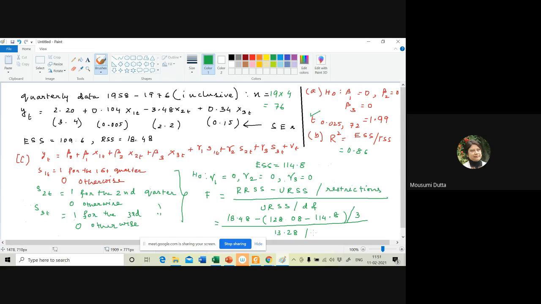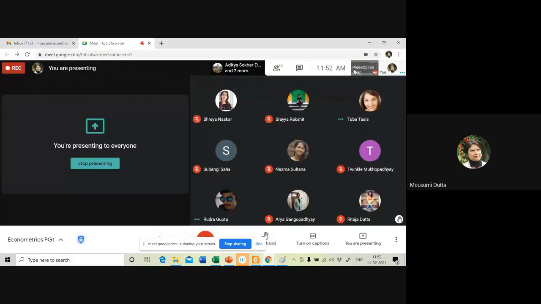And the degrees of freedom is n minus k. What is this degrees of freedom? 76 minus 3, 73. Anyone would like to change the answer? Ma'am, sorry ma'am, 76. Rudra is telling 76 minus 3 will be the degrees of freedom of the URSS.